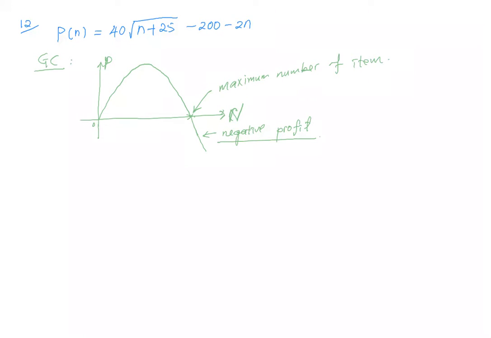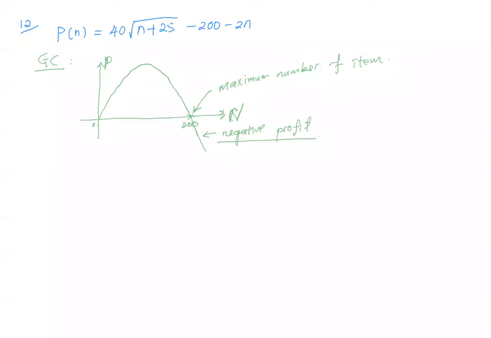You go second trace. You look for 0. Yeah, left bound. I'm doing it. That's why you should go according to my speed. Then right bound. Then guess, enter. So it's exactly 200 there. So if they produce more than 200, they won't get any profit.